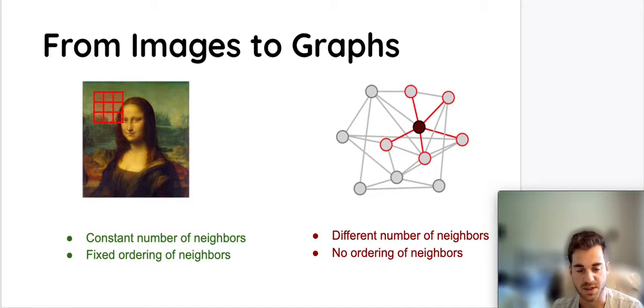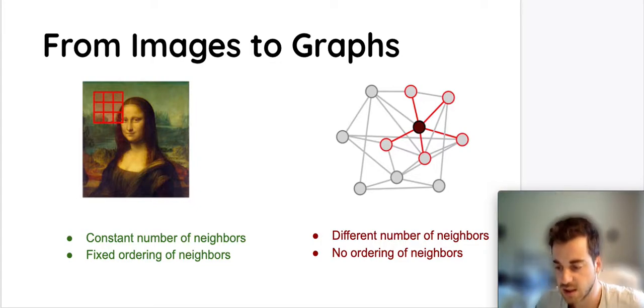However, images have specific properties which are particularly nice and don't really apply to graphs, such as a constant number of neighbors, and also a fixed ordering of neighbors. So you always have a neighbor on the top left, on the top, on the top right, and so on. Whereas in graphs, you don't have these properties. Nodes can have a different number of neighbors, so they have a different, what we call, degree.